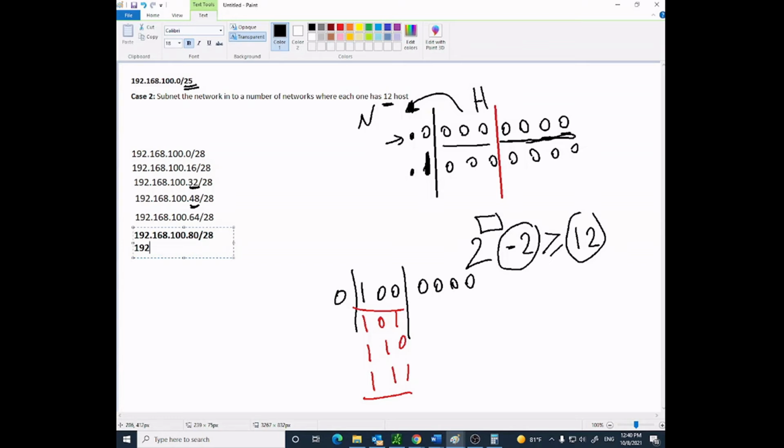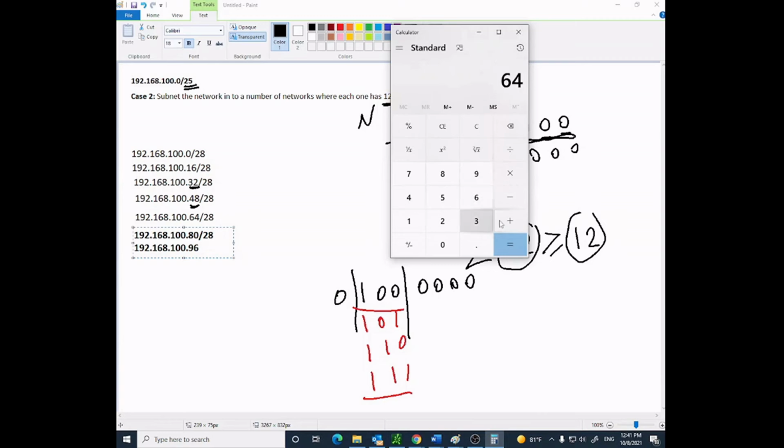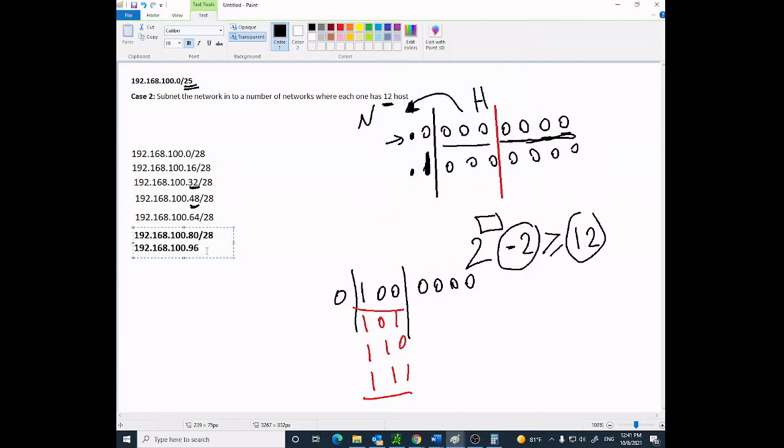Let me extend the view. The second one, 192.168.100. Is it 168 or 186? I don't know, I'll just check later. Now, this part is going to be, let's see here, I believe 96, because that is 64 plus 32, and here it is, 96, and that would be /27.